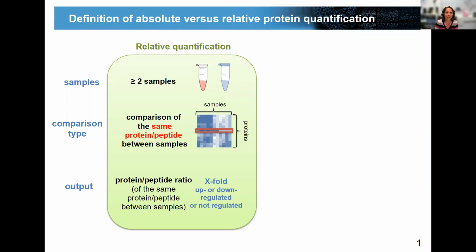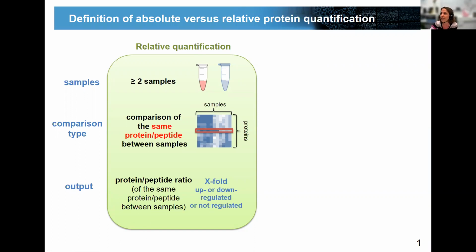So when I speak about relative quantification, the important hallmarks to keep in mind is that relative quantification is always performed with at least 2 samples, potentially much more samples, and the aim, the output that we always want to generate in a relative quantitative measurement is a protein or peptide ratio.